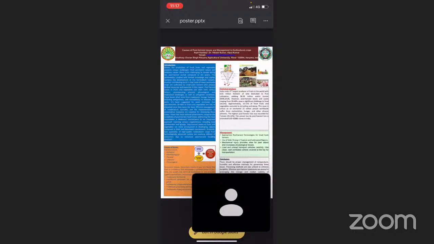And the fourth one is temperature and humidity management. Maintaining optimal temperature and humidity conditions during storage and transportation can prevent physiological disorders, microbial growth, and moisture loss, also preserving the quality and marketability of horticulture crops. Coming to the fifth, post-harvest treatments such as fungicides, bactericides, and ethylene inhibitors can control microbial growth, inhibit the ripening process, and extend shelf life.